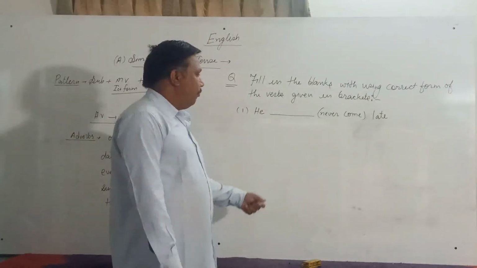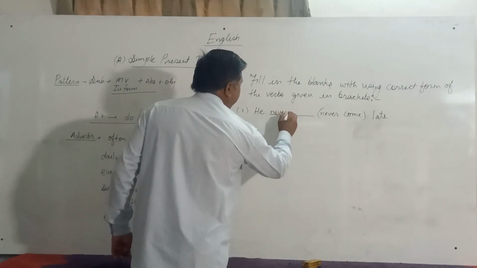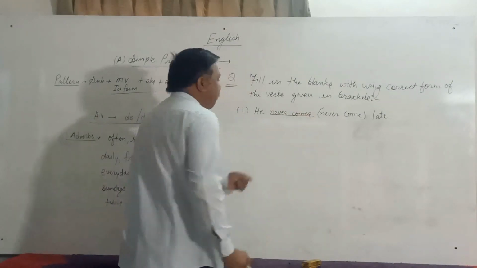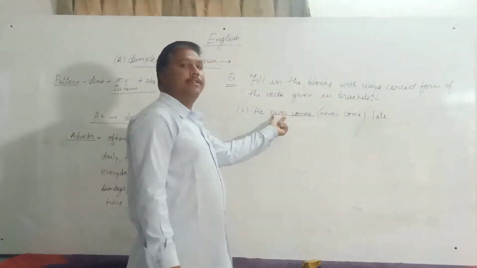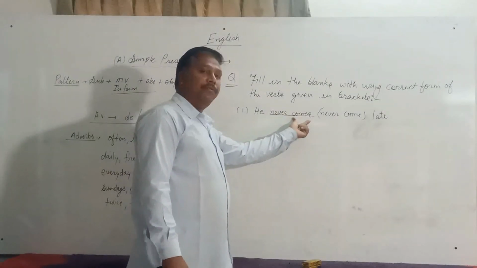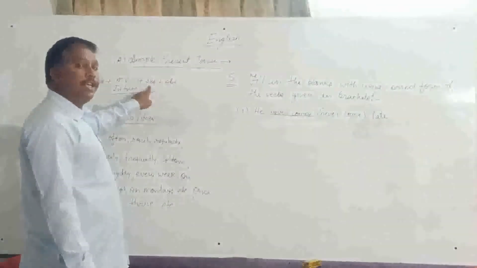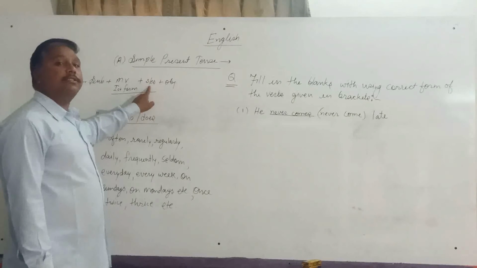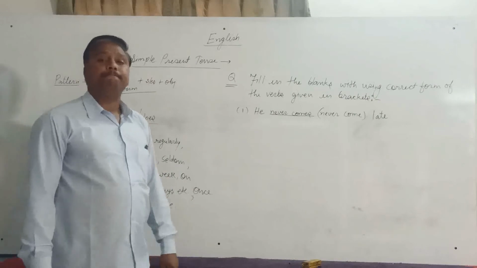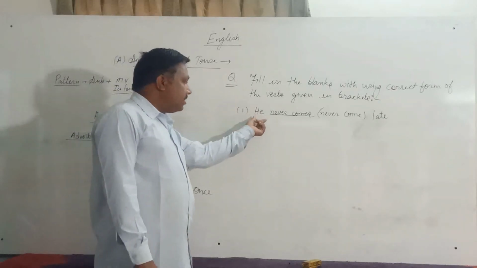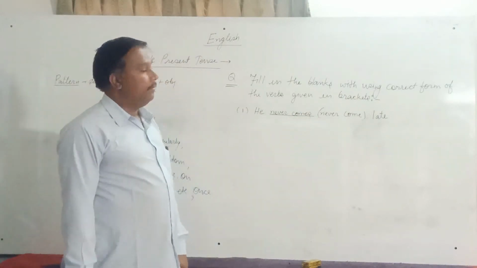So we will fill in the correct form of the verb here: never comes. Why do we apply comes here? The word never will never change. But we have to apply the correct form of the verb, and the form of the verb is the first form of the main verb and then s or es. S or es is not compulsory, as you know very well. It depends on our subject. If our subject is singular, then we have to apply s or es with the main verb.